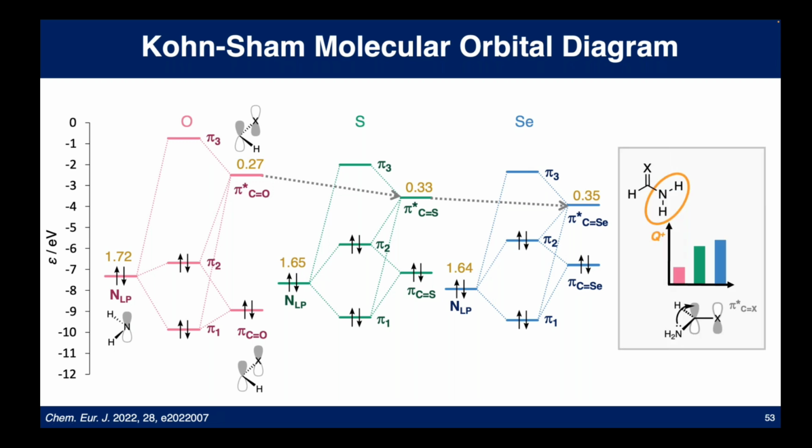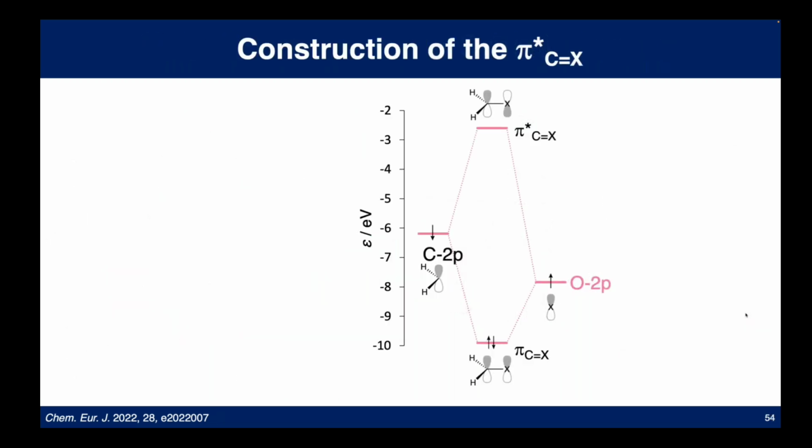So what we did now is going for the next step. So we have now understood that the NH2 group is more positively charged for selenium than for oxygen, and that is due to the fact that more charge is donated from the lone pair of nitrogen towards the pi star on the carbon chalcogen bond. So this is now our next focus.